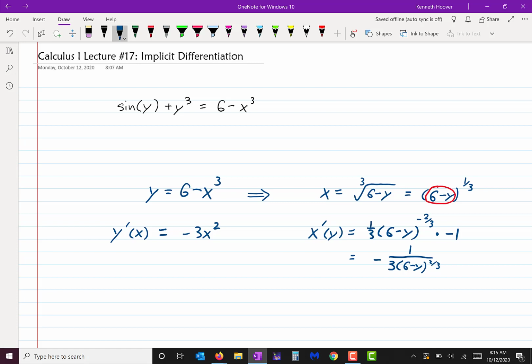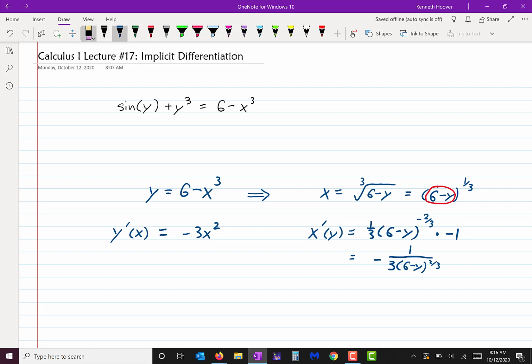But we can, if we wanted to, solve for x, and then we have x as a function of y. And then you could find the derivative of x with respect to y. So in a situation where it's not obvious which one you want to do, if I want you to find the derivative, I should tell you the derivative of which variable with respect to which variable.